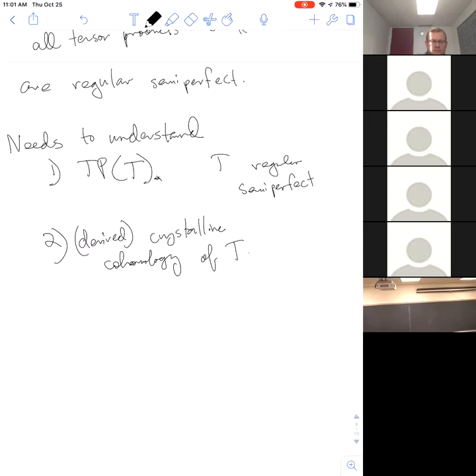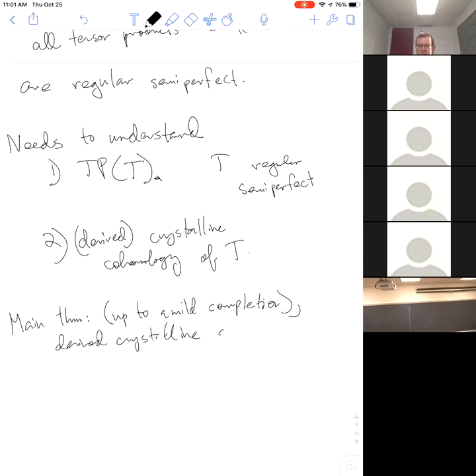The main theorem is going to be that, technically up to a mild completion, but that's not going to be very important, the derived crystalline cohomology of T is just a discrete ring.